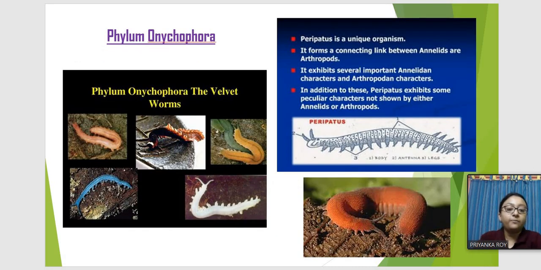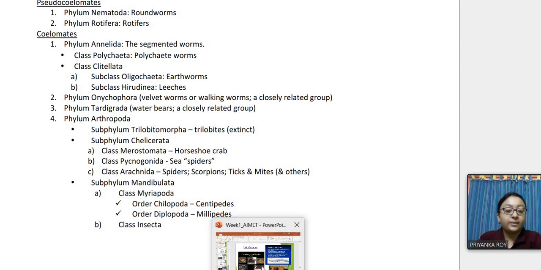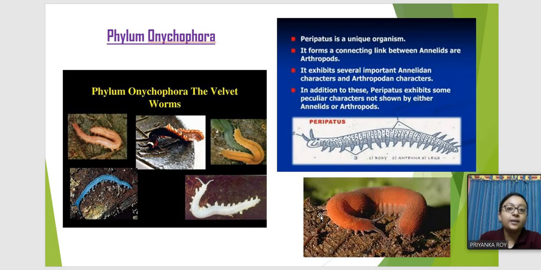Next comes phylum Onychophora. So we are done with phylum Annelida. The Onychophora are known as velvet worms. Onychophora basically is a transition between annelids and arthropods. There are several characters which resemble annelids and several characters which resemble arthropods, so it's like a link between these two phyla.